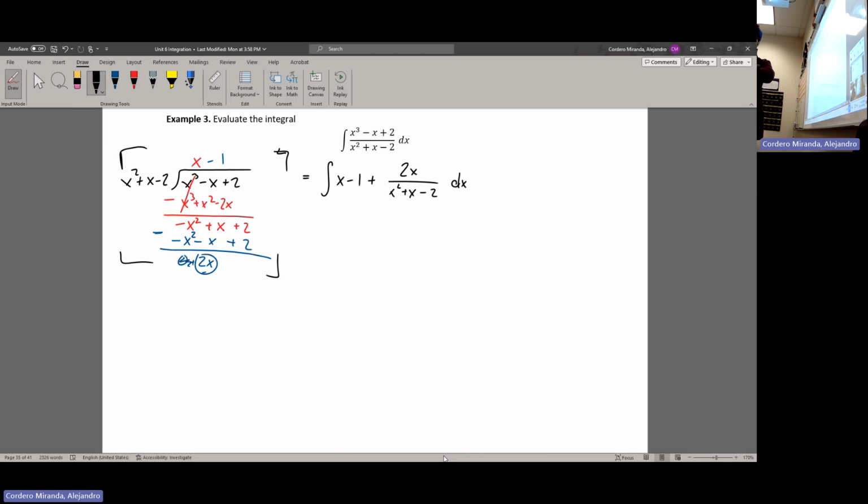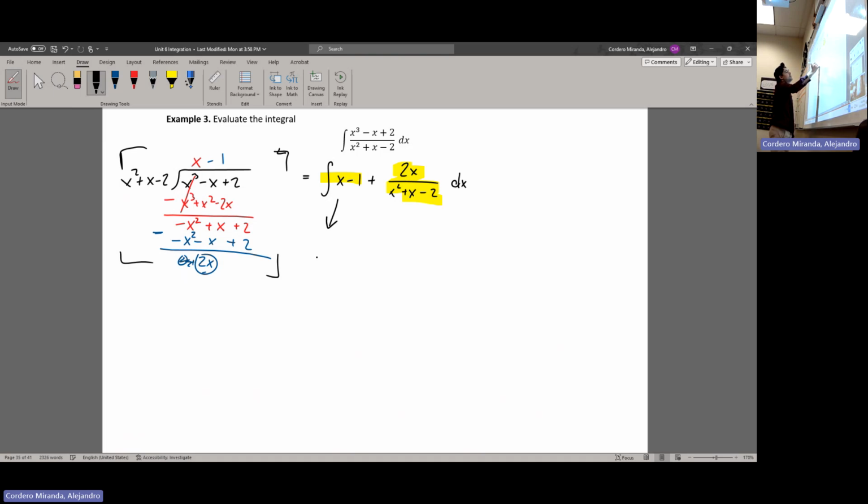Cool. And then that is an integral that I can handle, because the antiderivative of that polynomial I can do, the antiderivative of this I can do with partial fractions, and then that's the whole integral. So let's do it.